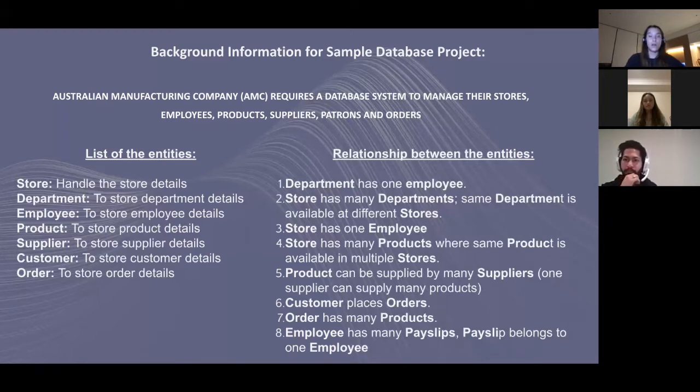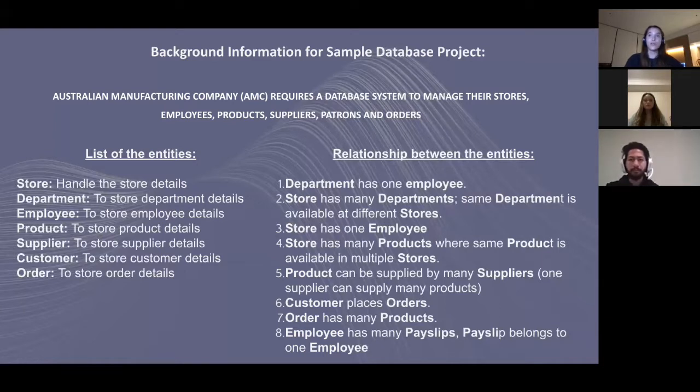Each department has a supervisor and employees. There are two types of employees, casual and full-time. Full-time employees get annual salary packages, and casual workers get paid on an hourly basis. There are many suppliers associated with this organization, who supply different products.